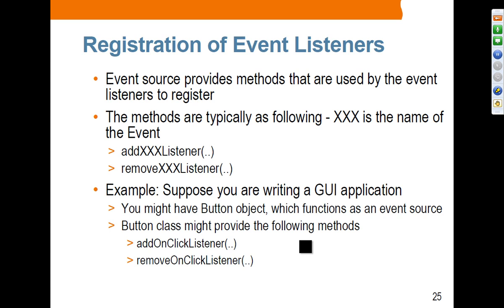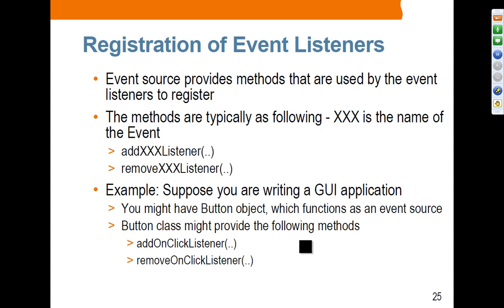Introspection can find out if there are any method patterns like add xxx listener or remove xxx listener. If a bean has this kind of method pattern, then introspection can figure out this bean is in fact an event source. So suppose you are writing a GUI application, you might have a button object, and the button object should be an event source, right?